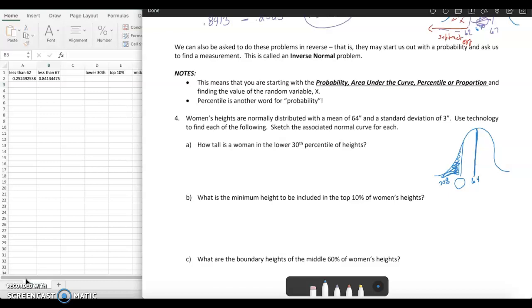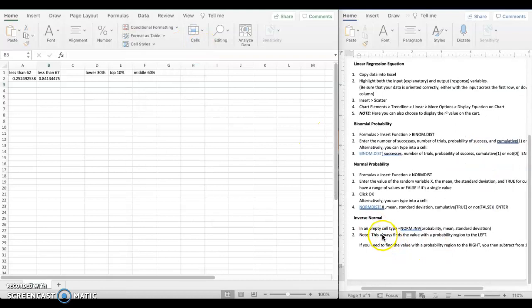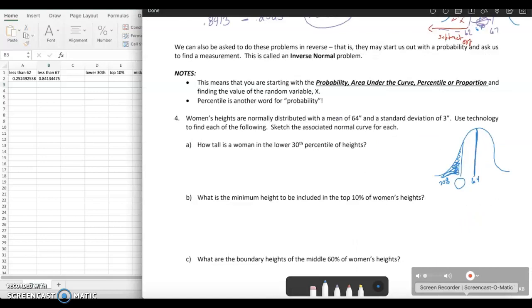Okay, so what we need to do here is use our inverse normal function. So we're going to open an empty cell and type equals norm.inv for the inverse normal. Type in the probability, the mean, and the standard deviation.